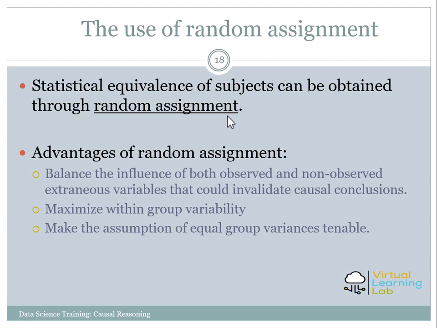Now, random assignment is the best way to obtain statistical equivalence between treatment and control groups because it balances both observed and unobserved external variables that could be threats to validity. It maximizes within group variability, and if your estimate assumes equal group variances, that makes it terrible.